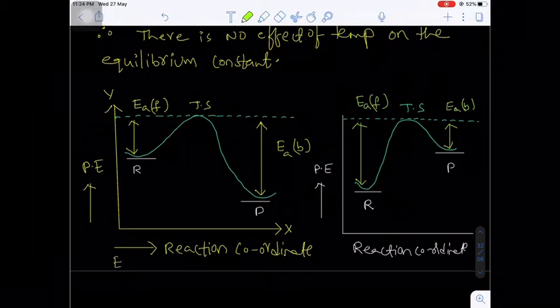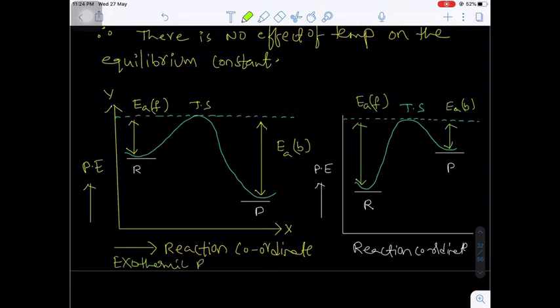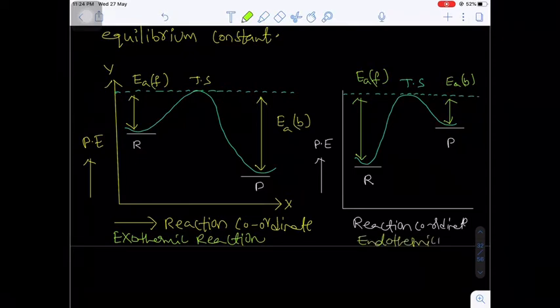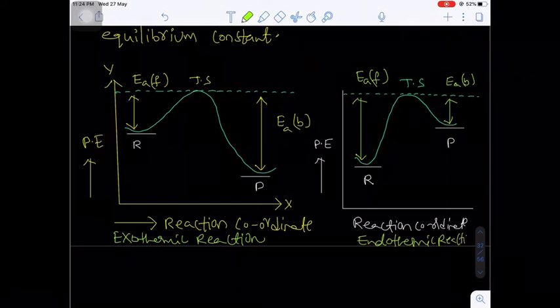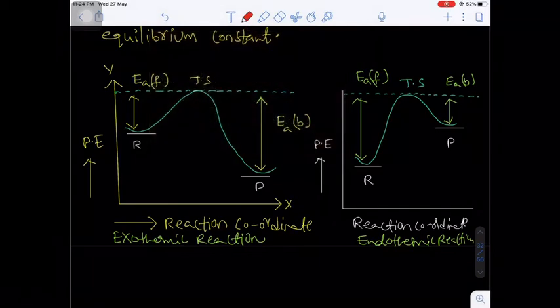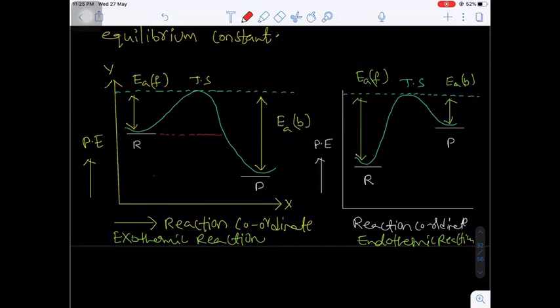Okay. Now the first reaction corresponds to an exothermic reaction and the second one corresponds to an endothermic reaction. Okay.